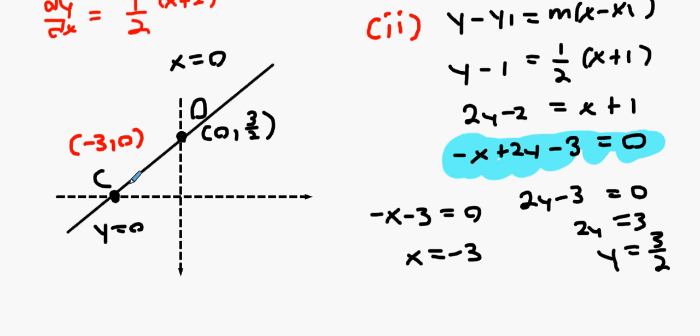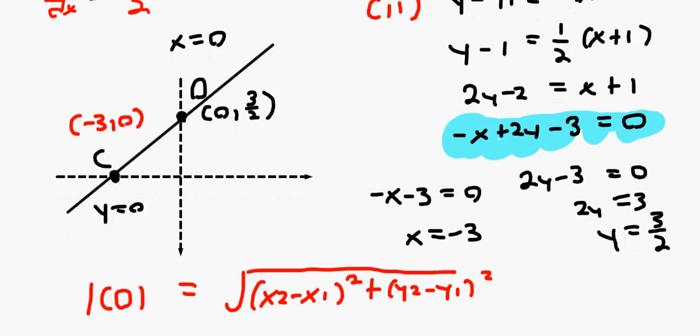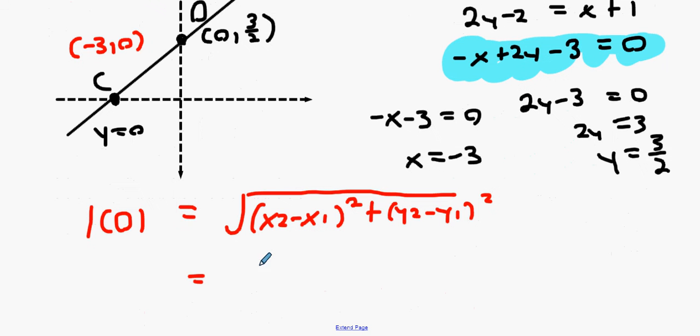Anybody know how to get CD? Distance formula? A lot of revision in this one. Okay. And what do we get?